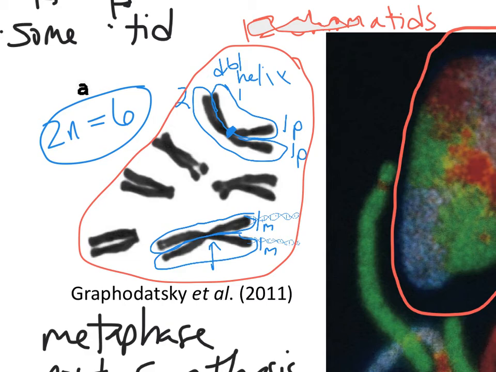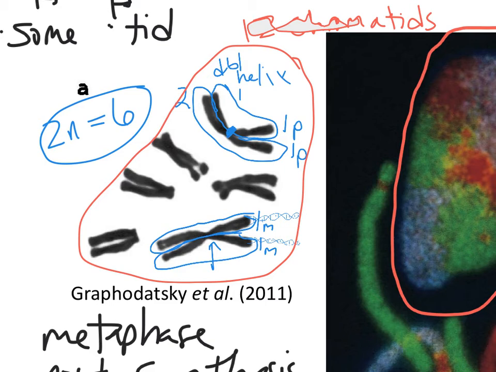Last point I'll make about this, otherwise we'll have to have offline conversations. The X-shaped thing that you see in a picture, we colloquially call that a chromosome. We're used to saying that. We look at it and see what looks like a single object, and we refer to it as a single X. It's not.